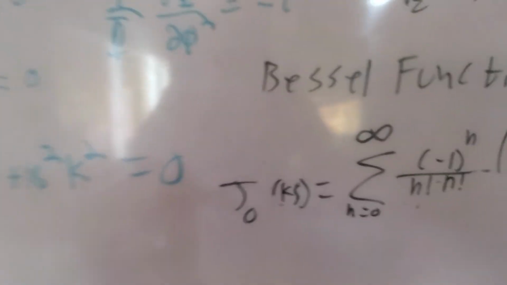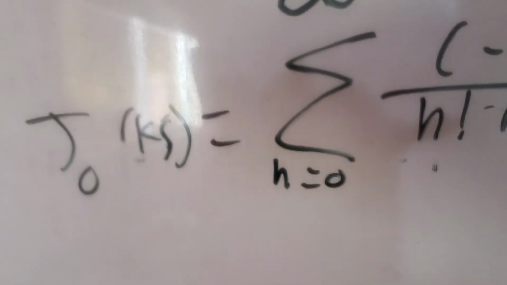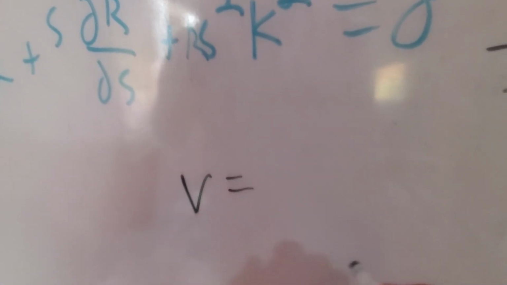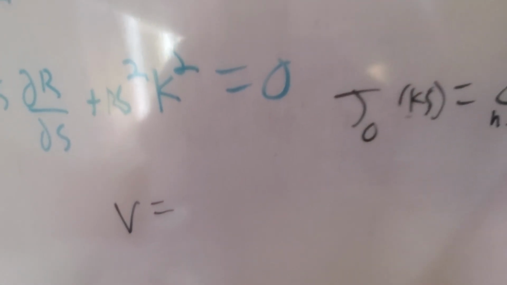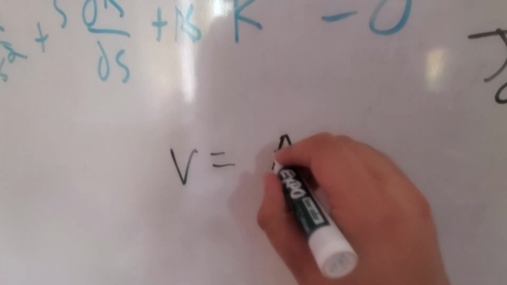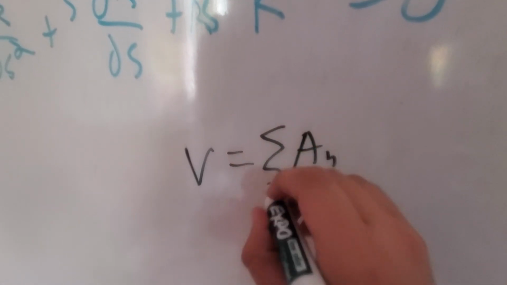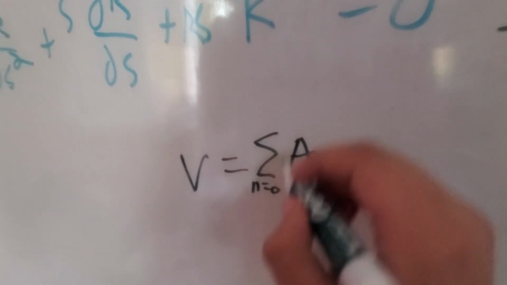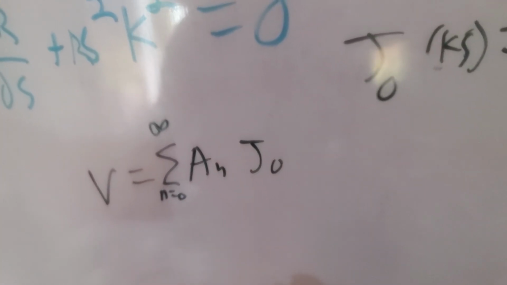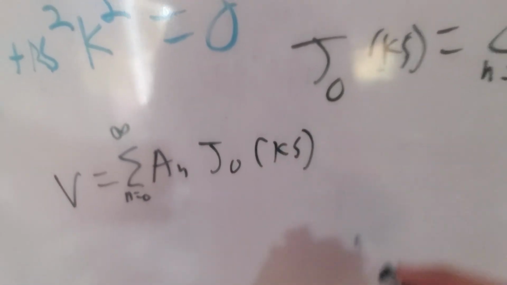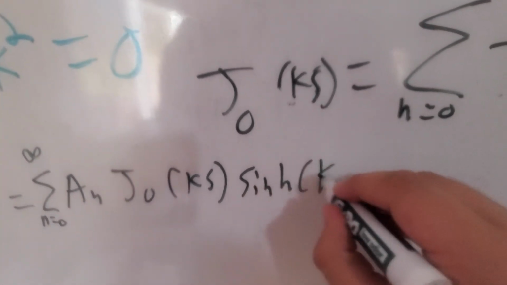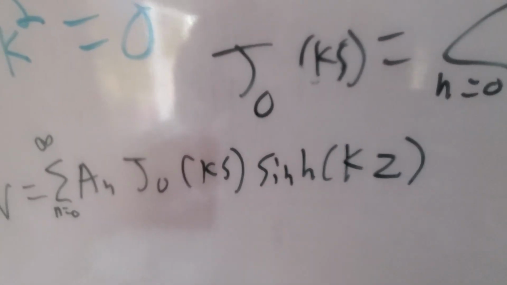Now there's one last thing we need to consider. Let's write out this function real quick. We know our potential is equal to some constant a of n, we have a sum of course, times J naught k of s times hyperbolic sine kz.